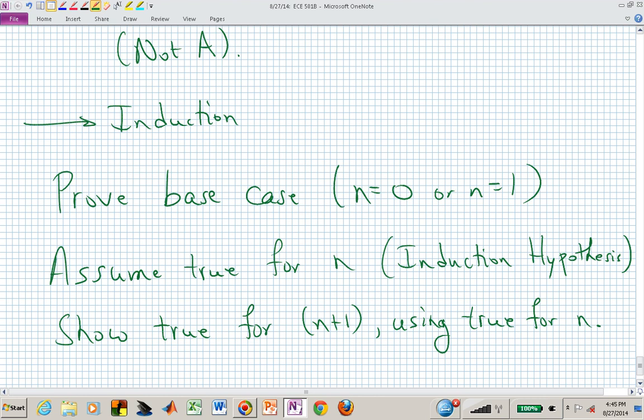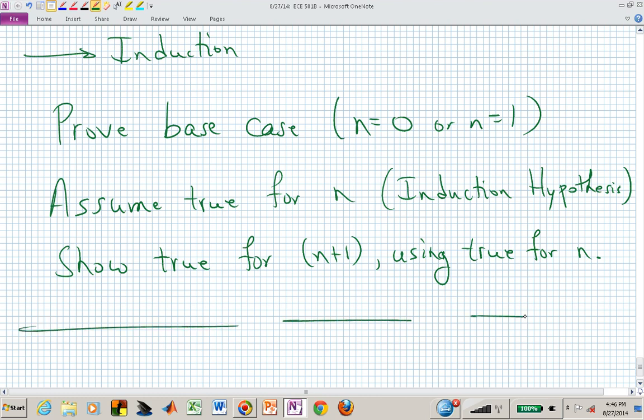That's your induction proof. You prove it for the base case, and a lot of times that's almost trivial. Then you assume it's true for n, and then you have to show that it's now true for n plus 1. And that's now proof by induction.